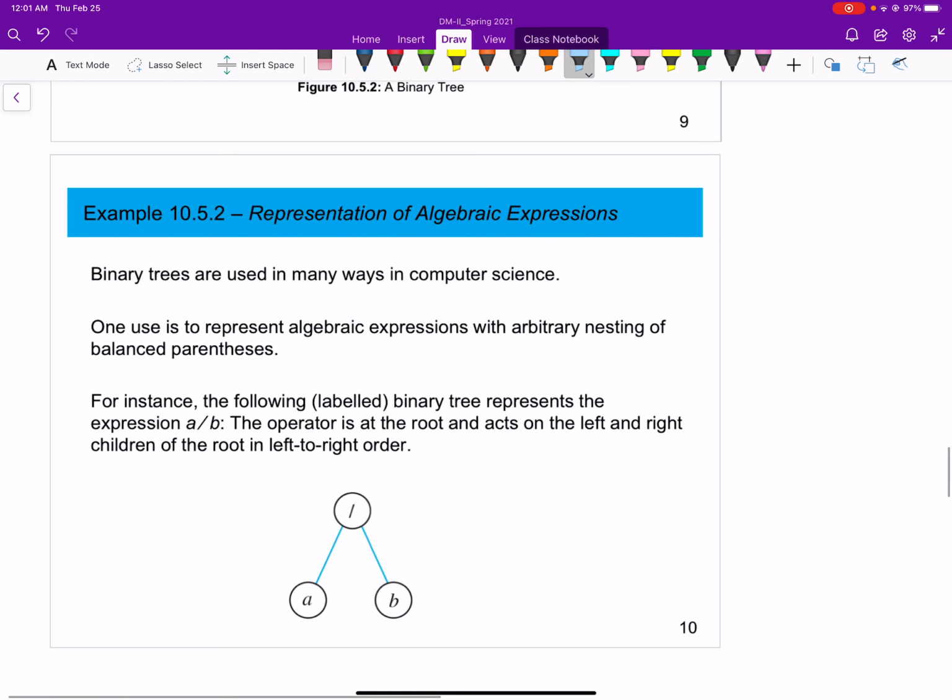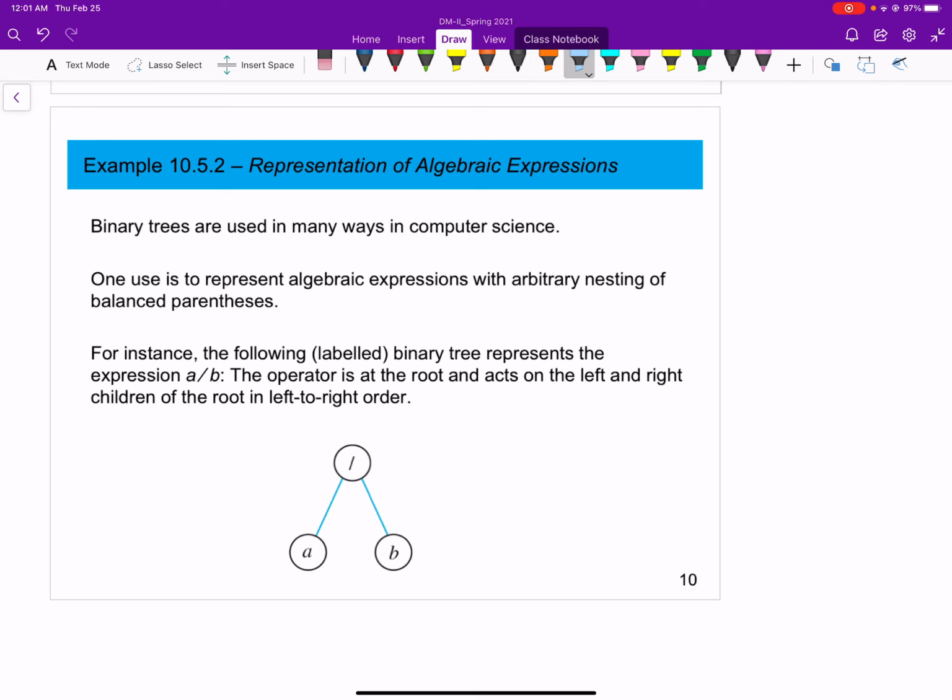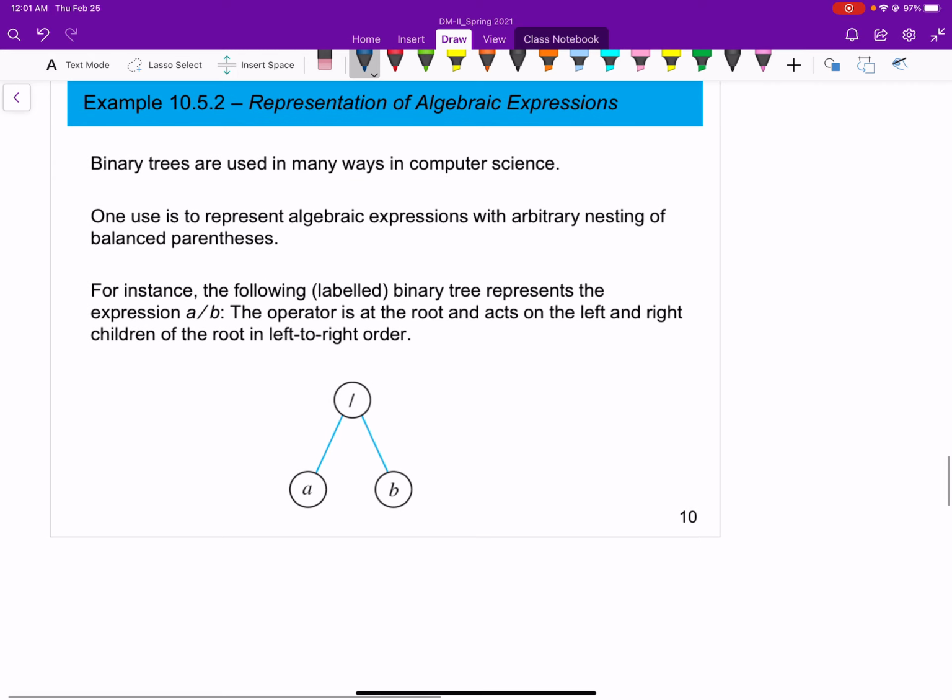All right, let's go further down. Binary trees are used in many ways in computer science. In this class, there are a lot of computer science students. You guys know about binary trees. This is an example where you use binary trees in computations. One use is to represent algebraic expressions.